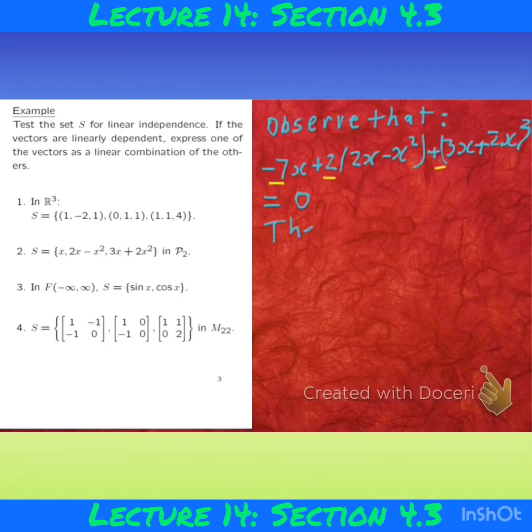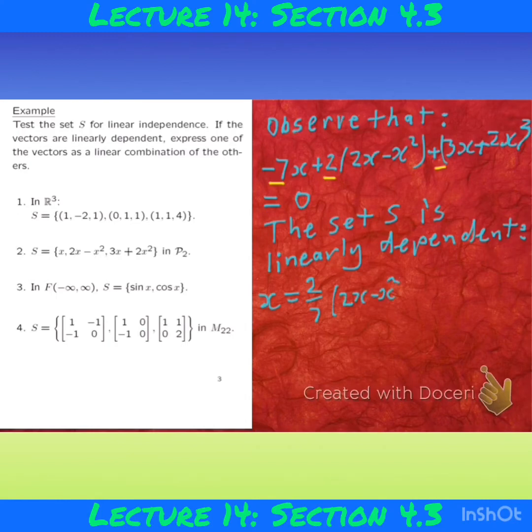All right, so the set S is linearly dependent, and specifically you can write the polynomial x as 2/7 of the polynomial 2x minus x squared, plus 1/7 of the polynomial 3x plus 2x squared.